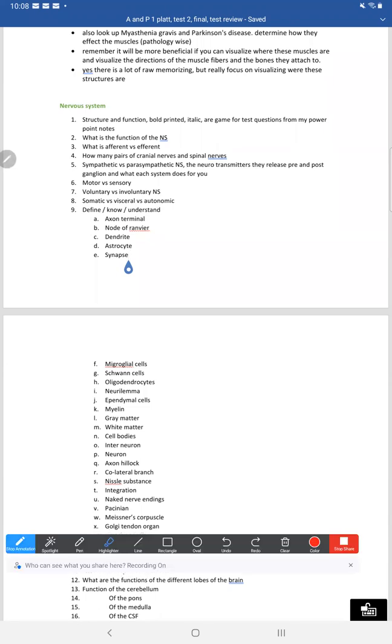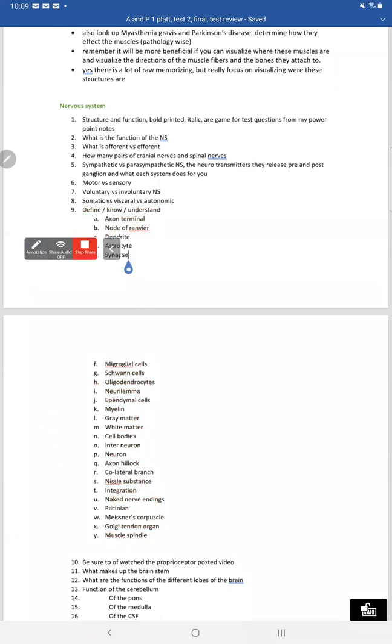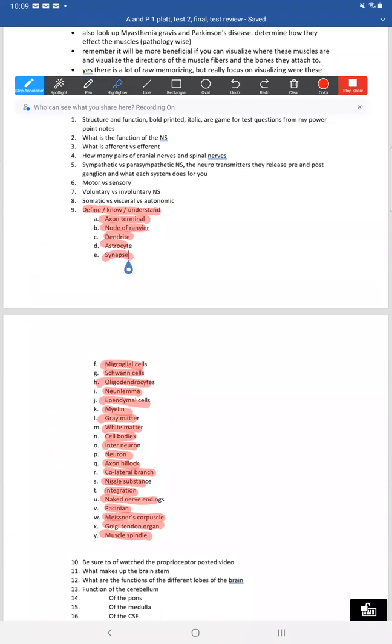So on these, define, know, understand, just all these things, okay? And I would just look them up, because when you get a visual with what goes with it, it usually sticks better, right? Okay, so let's do some of them.